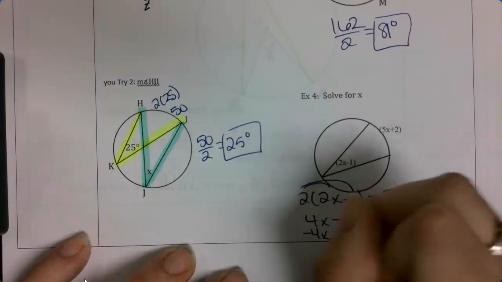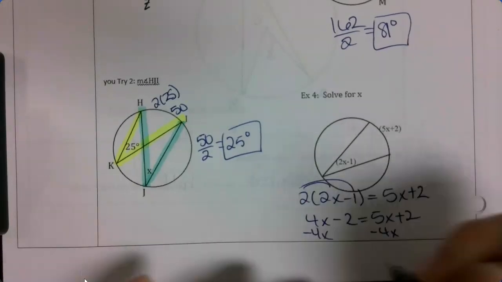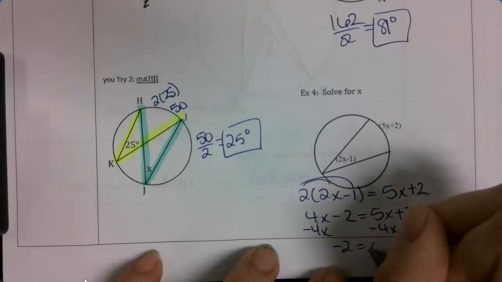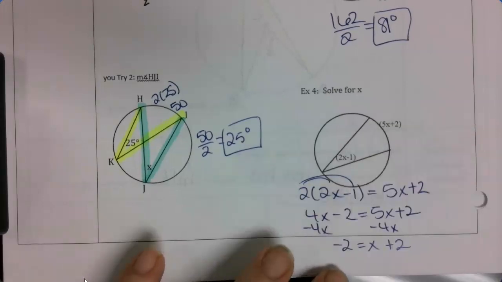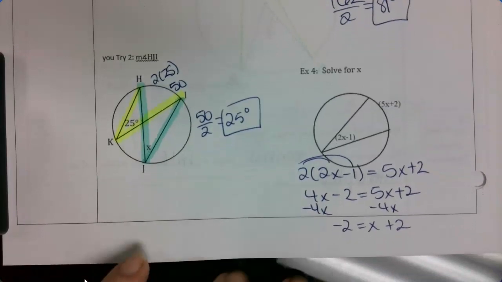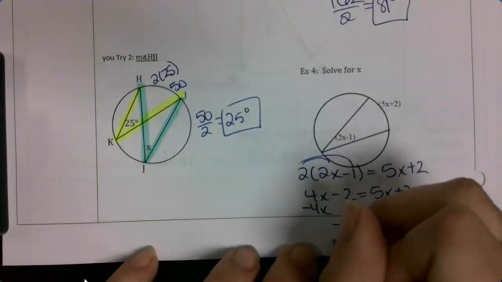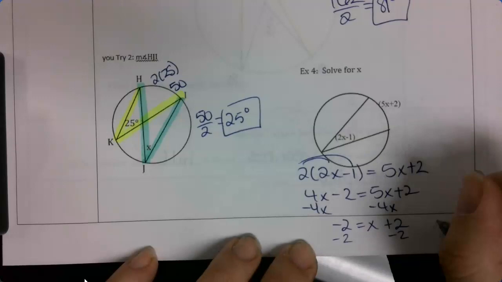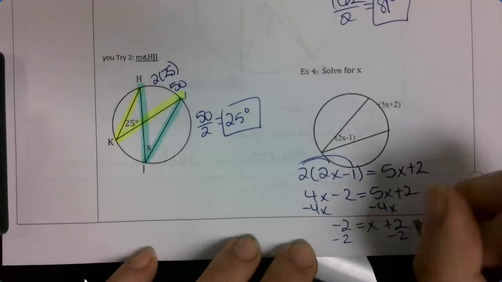So I want to subtract 4x on both sides. I have negative 2 equals x plus 2. And if I subtract 2 on both sides, I get x equals negative 4.